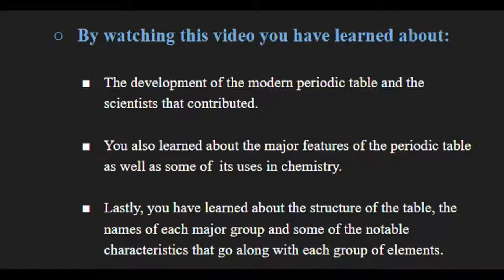The major features included its sublevel categorizations and the different sublevels, and some of its uses in chemistry, like we spoke about, include Lewis dot structures as well as electron configurations. The last thing we learned was the structure of the table, the names of each major group, and some of the notable characteristics that go along with each group of elements.